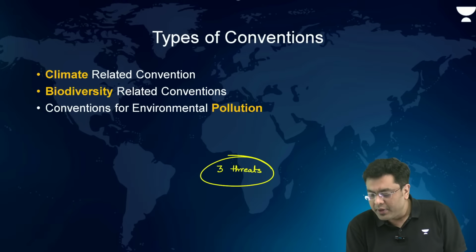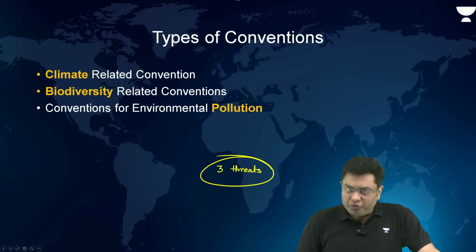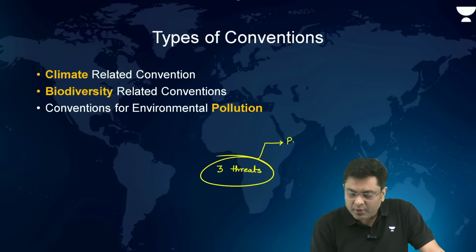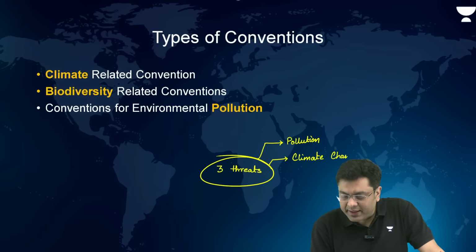Now, in that Stockholm Conference, you had 3 threats or triple threats which were identified for humanity. Now, which were these triple threats? First threat which was understood was pollution. The second threat which was identified was basically climate change. And the third threat which was identified was basically loss of biodiversity.